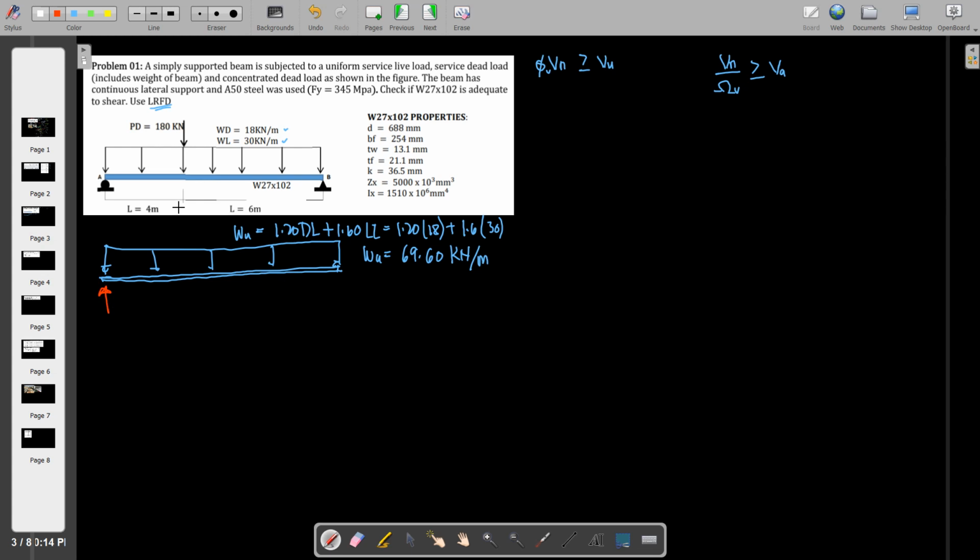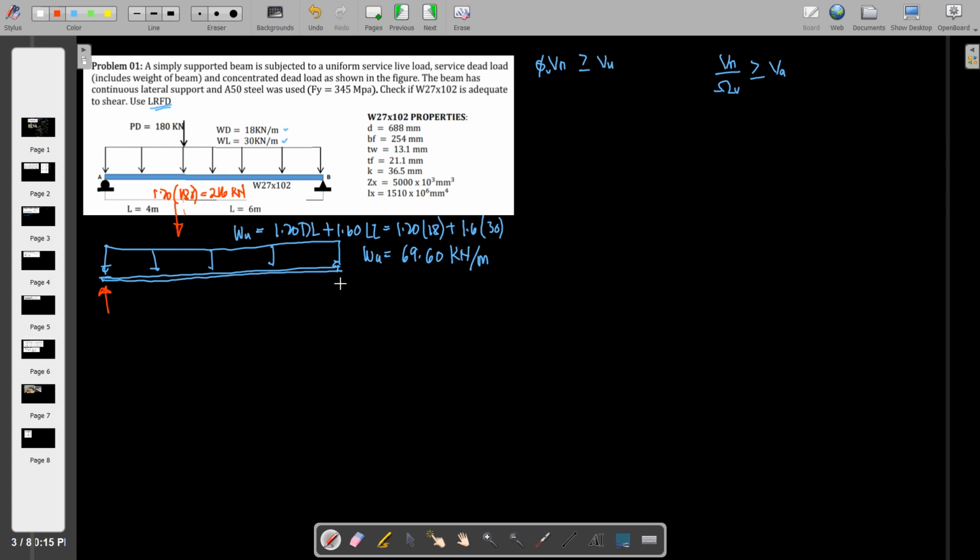Please do not neglect the concentrated load present at that point. And by the way, this 180 here is a dead load, so we need to multiply that by 1.2. So 1.2 times 180 is 216 kilonewton.